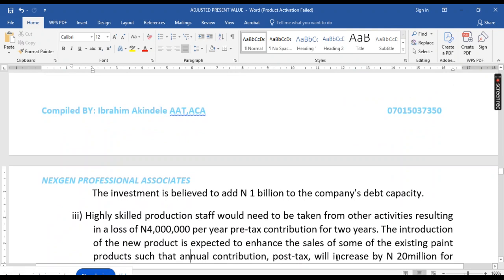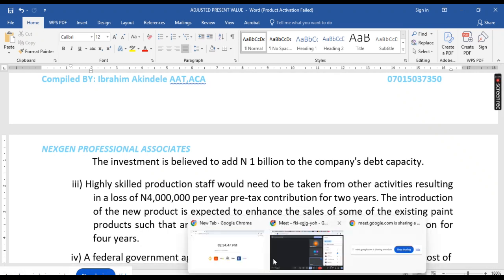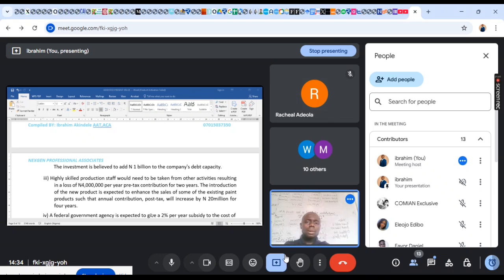The high skill production staff would need to be taken from other activity, resulting in a loss of 4 million per year for 2 years, which means that you need to add a contribution loss, which is relevant under the concept of relevant costing. It is an opportunity cost. I'm working in project A. Project B needs my assistance.